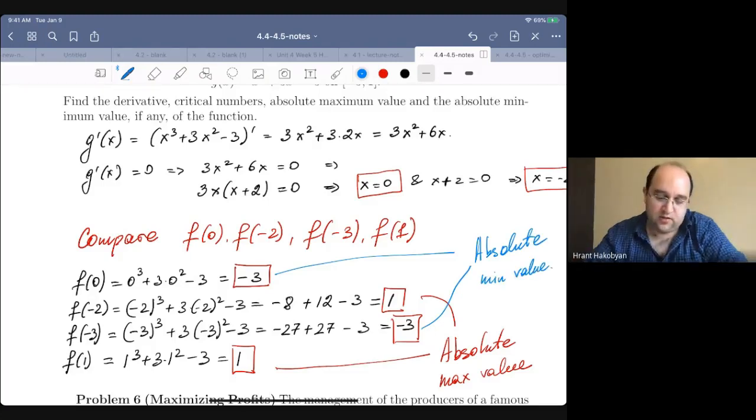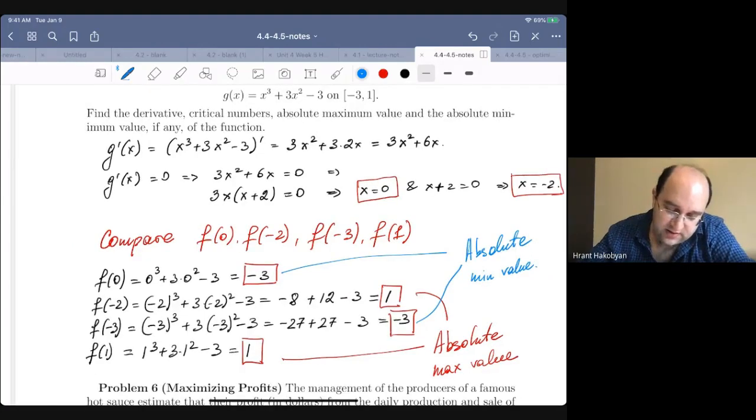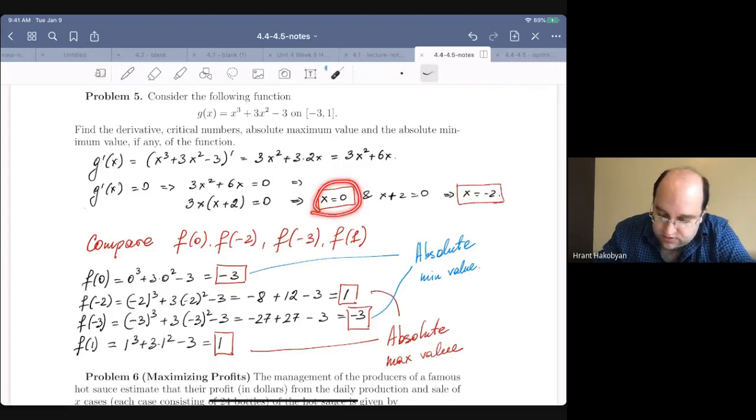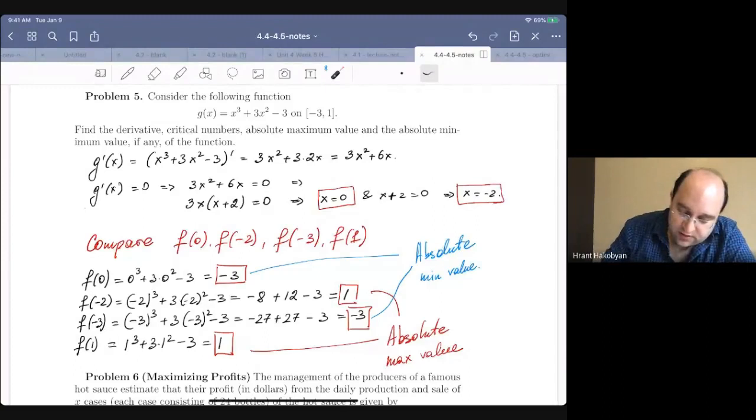Okay, so again, what's the idea? Find the critical points, so take the derivative, set it equal to 0, and solve. In this case, we got 2 points where the derivative was equal to 0. Then compare the values of the function at those critical points and at the endpoints of the interval. So in this case, 0, negative 2, negative 3, and 1.